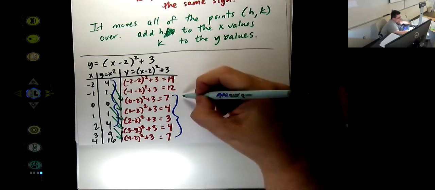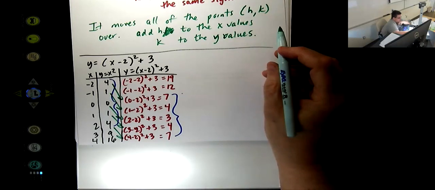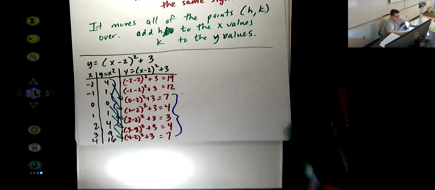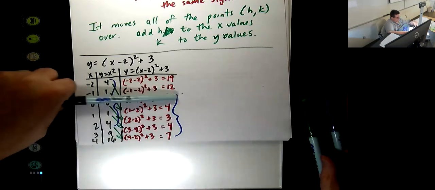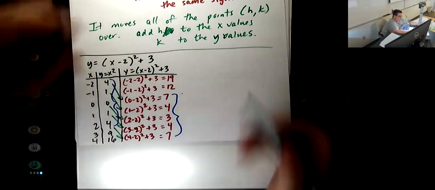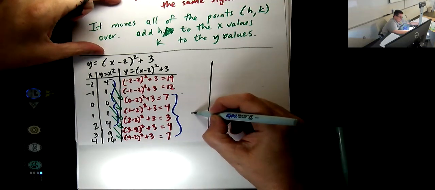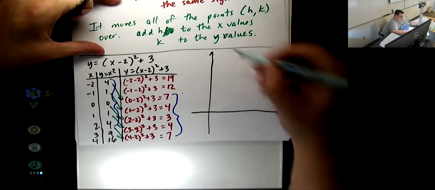And rather than having 4, 1, 0 originally, we have 7, 4, 3. If we just graph these 5 right here, the bottom 5. No one wants to graph 19 and 12, that's just a pain. But we can graph 7.